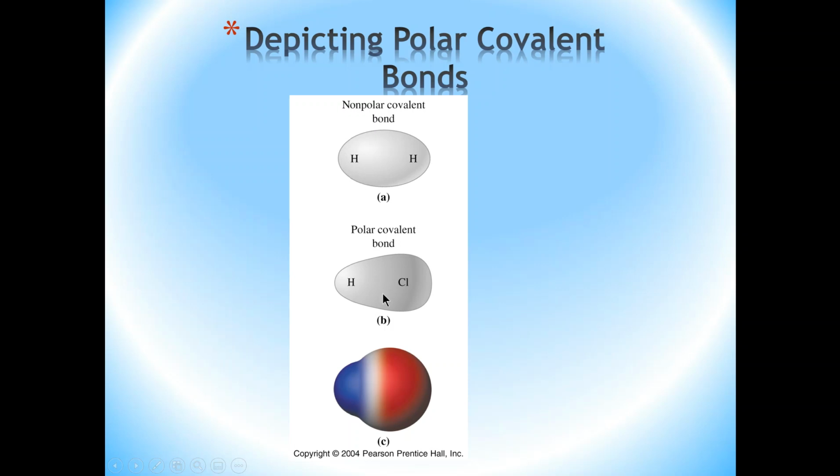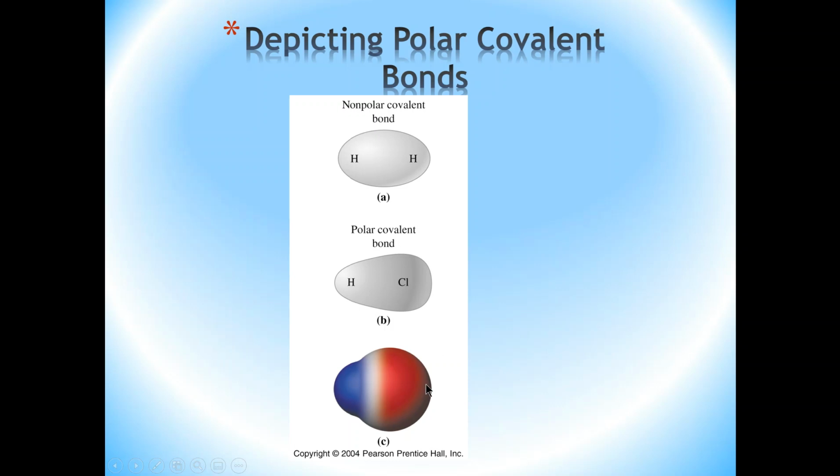In this case, however, where chlorine is more electronegative than hydrogen, in the hydrogen chloride molecule, you see that this represents an uneven distribution, which basically means that the electrons will be more attracted to the chlorine, and therefore you'll most likely find the shared electrons around the chlorine atom compared to the hydrogen atom.